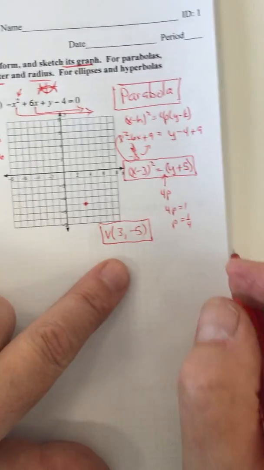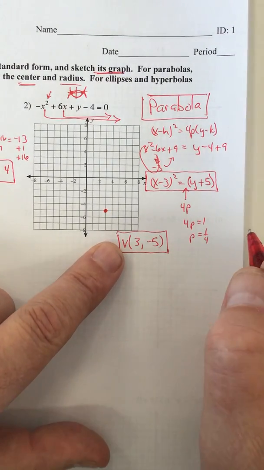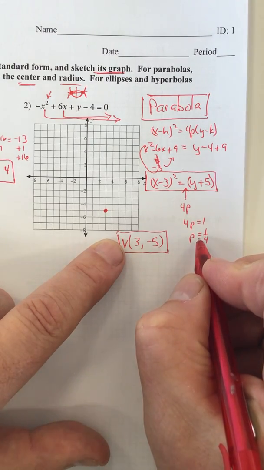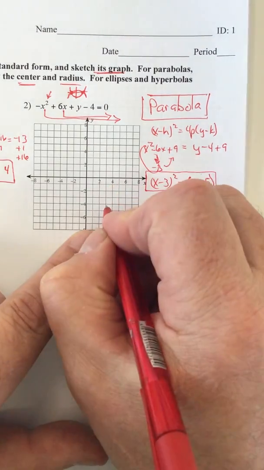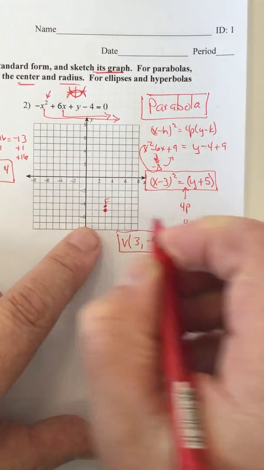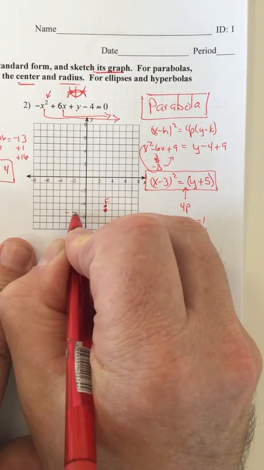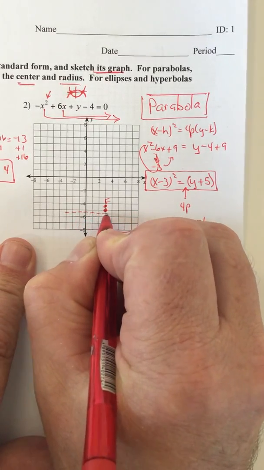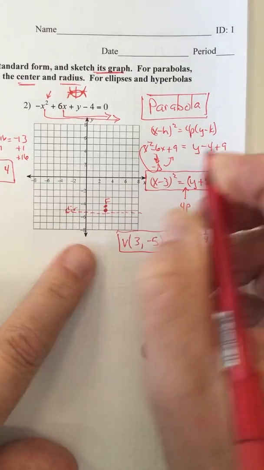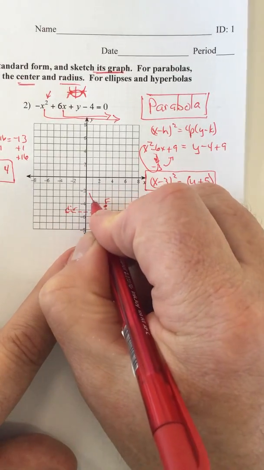So we still need the focus point. The focus point, the p is positive, so it's going up. So the focus is 1/4 up from there. So there's my focus, 1/4 up. And if they wanted, which I'm going to add, I'll probably ask you this on a test, there's the directrix. So it's going to look something like this.